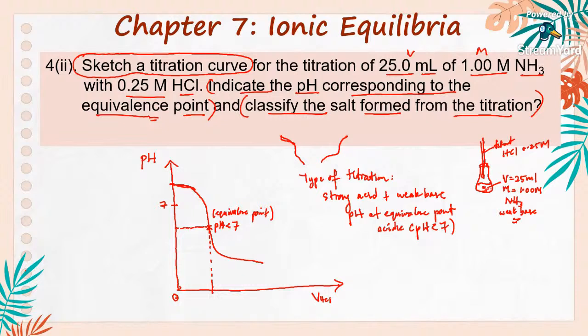To find the volume of the titrant at the equivalence point, you can use the formula MAVA equals MBVB, because the titration is between ammonia and HCl, so the ratio is 1:1.